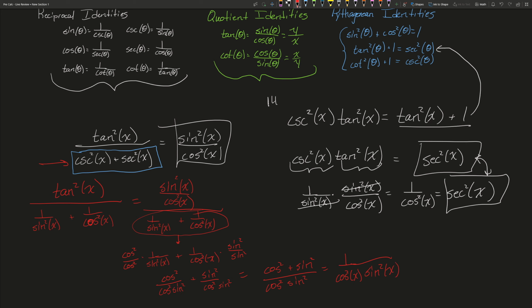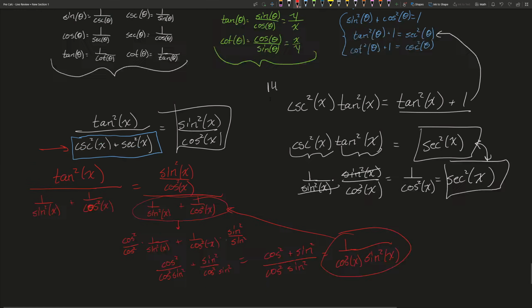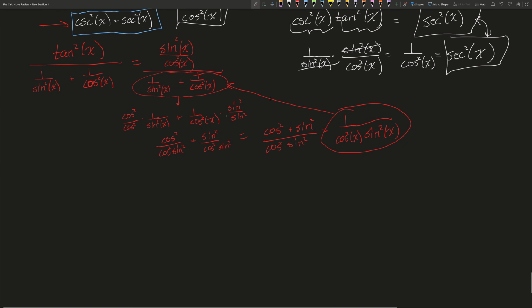All right, so this and this are both the same thing. So then, and I know this is long and winded, but I want to make sure you understand this.